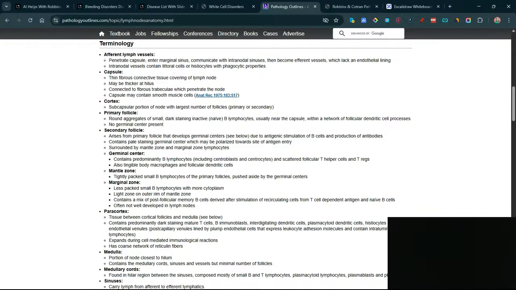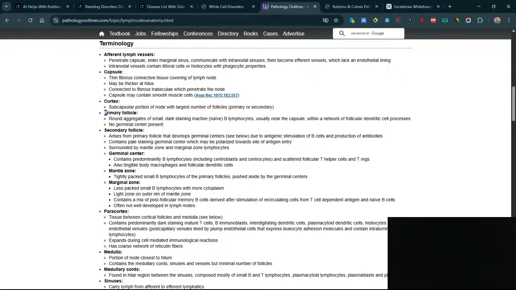Cortex is the subcapsular portion of the node with the largest number of follicles. Now let's define follicle. The cortex contains follicles, primary and secondary.